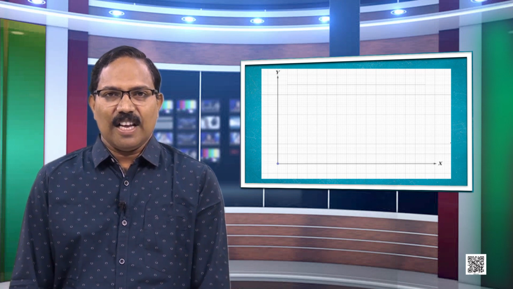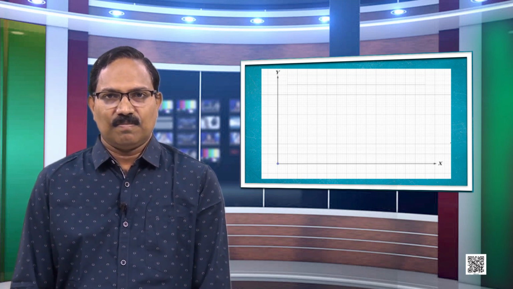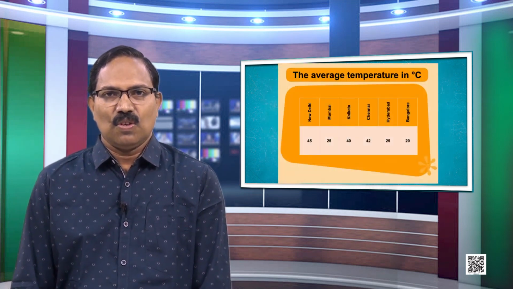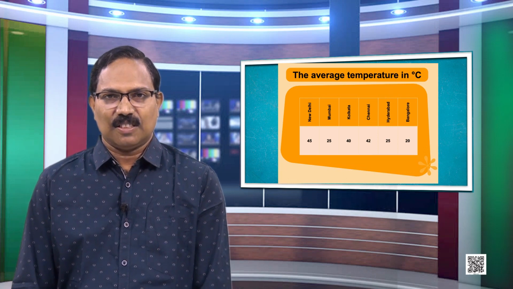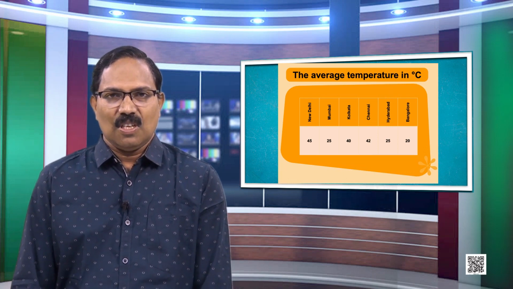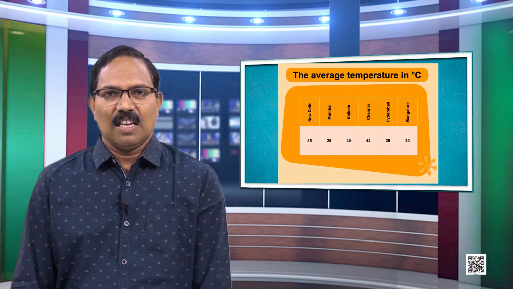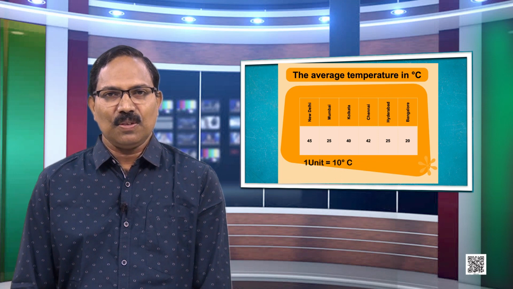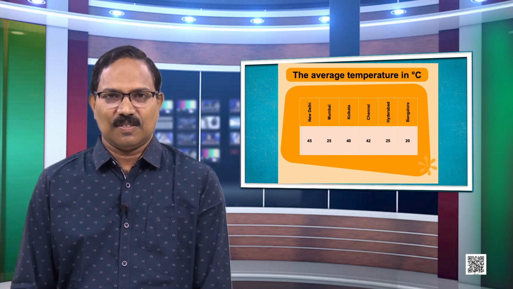What could be the scale in this particular case? Here the data is ranging from 20 to 45 degrees Celsius. So we can take the scale as 1 unit equal to 10 degrees Celsius.